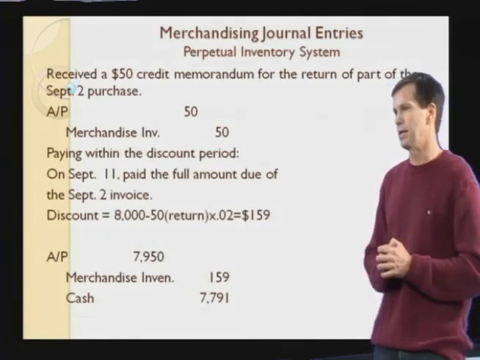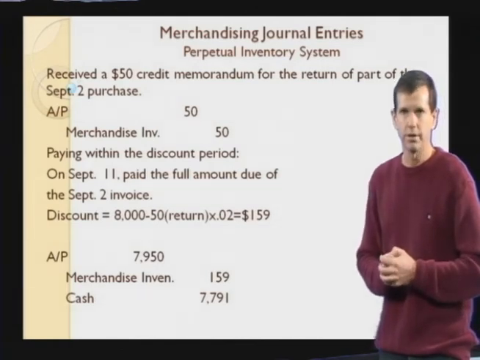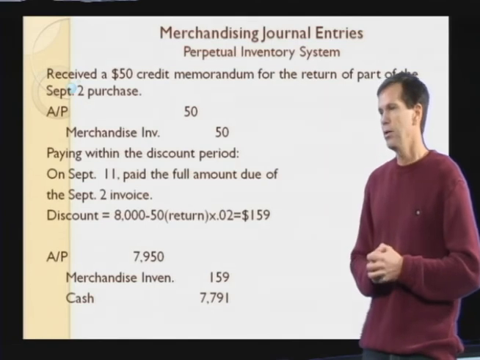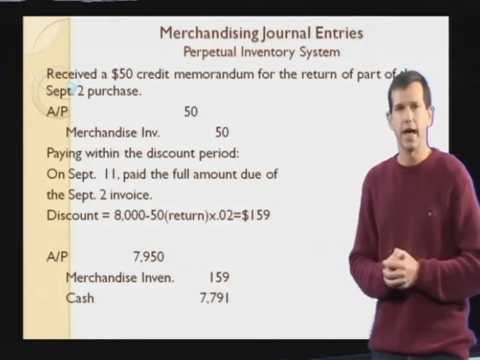So to calculate the discount, $8,000 minus the $50 return times the 2% discount, and that's a $159 discount. So we debit accounts payable for the full amount because we're fully satisfying that liability.